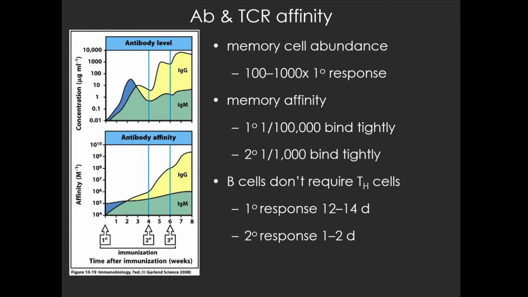So upon activation, they will differentiate, if they're B cells, into more memory cells and plasma cells, which will secrete antibody. And if they are T cells, they will clonally expand and differentiate into both memory cells and effector cells, which are going to go out and fight infection. So memory is better, right?